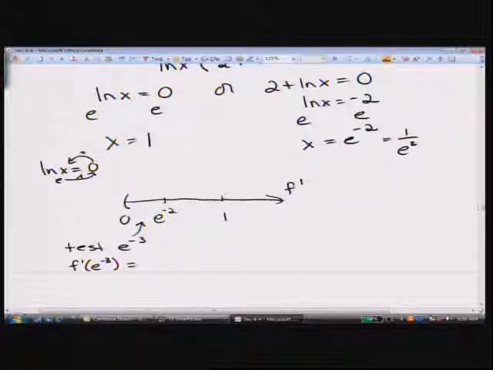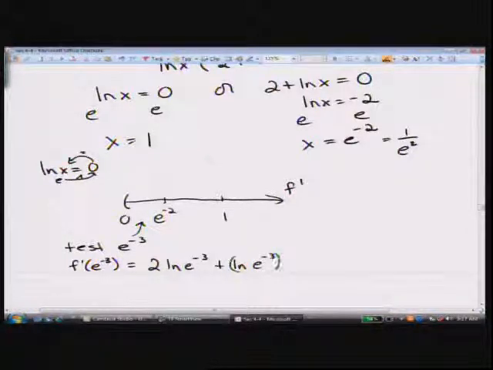It could be challenging, but I think we can do it. So this is going to be 2 ln e to the negative 3 plus the ln of e to the negative 3 squared. Well, what's the ln of e to the negative 3? Negative 3. Good. So this is 2 times negative 3.